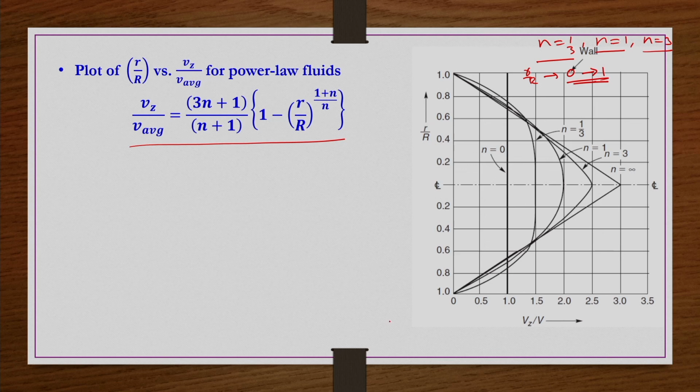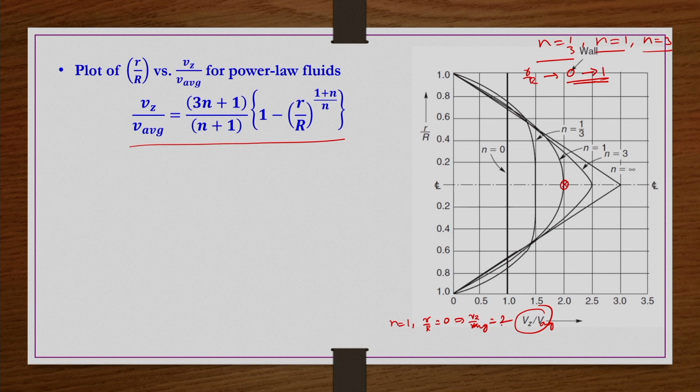Then Vz by V average is (3n plus 1) by (n plus 1) only, with n equal to 1, so 4 by 2 is 2. So when n is equal to 1 and r by R is equal to 0, Vz by V average is 2, and that data point is here.